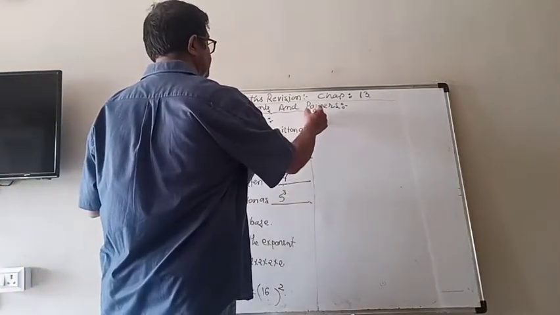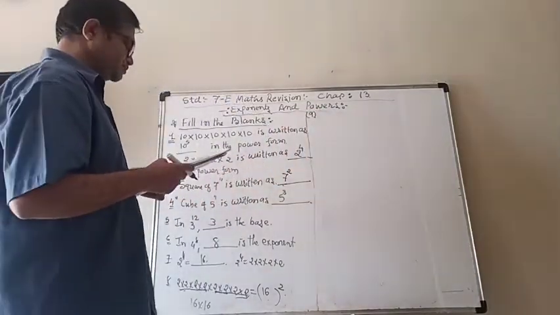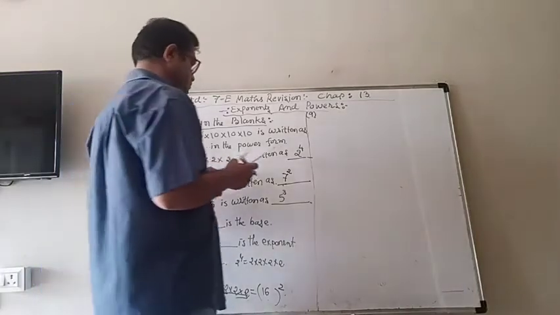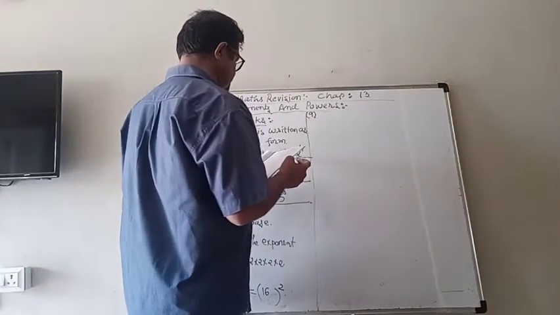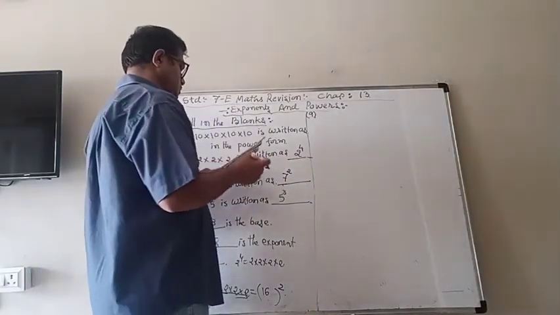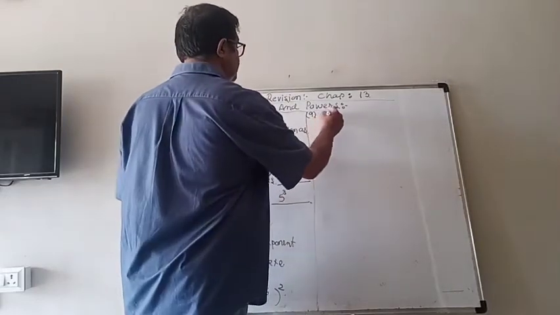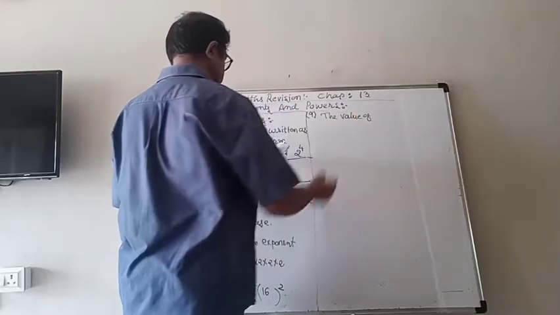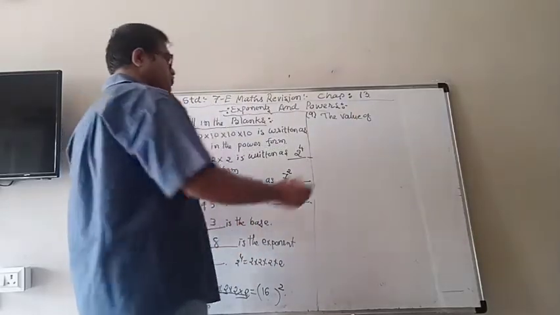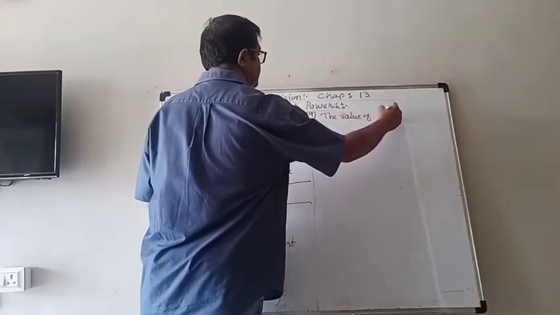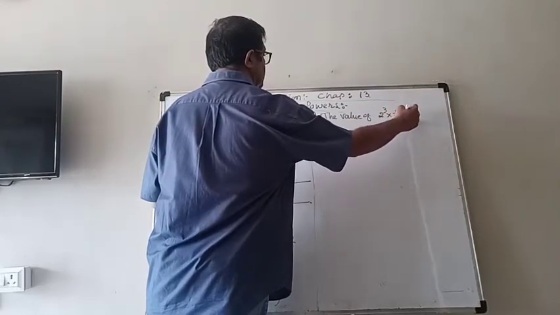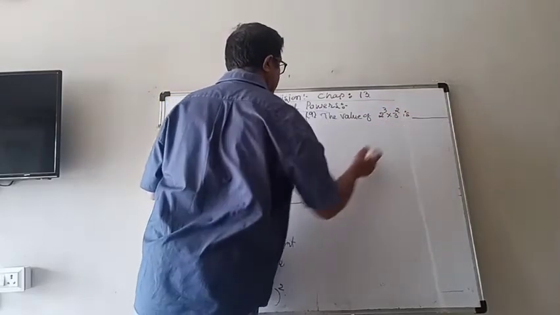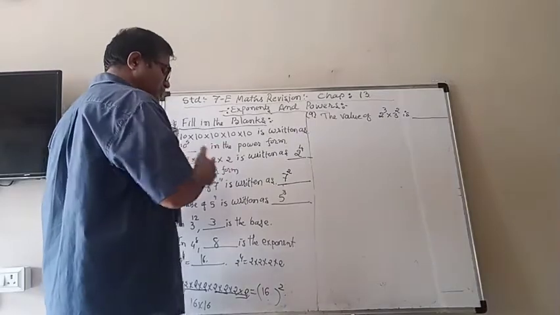9th one. The value of 2 cube multiplied by 3 square. Here you cannot apply any rules.